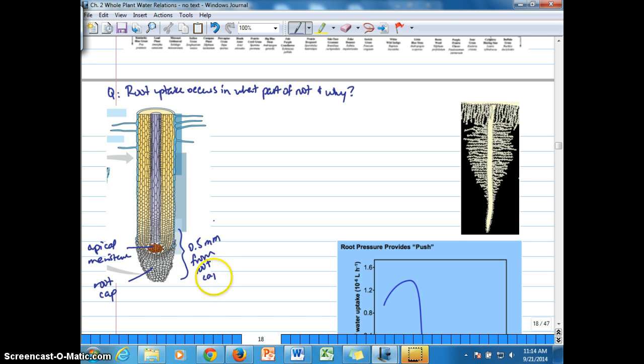And that's basically more basal than this apical meristem. So root uptake takes place mainly in this region of cell differentiation, but somewhat in this region of cell elongation. But we're going to isolate that to the region of cell differentiation. And I'm not writing that very clearly there.